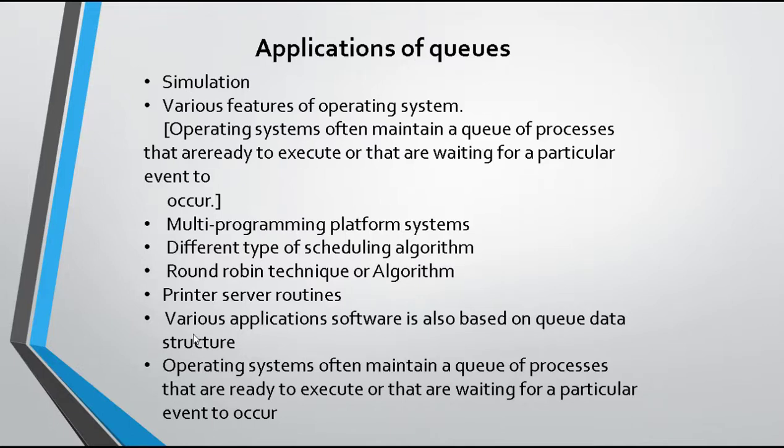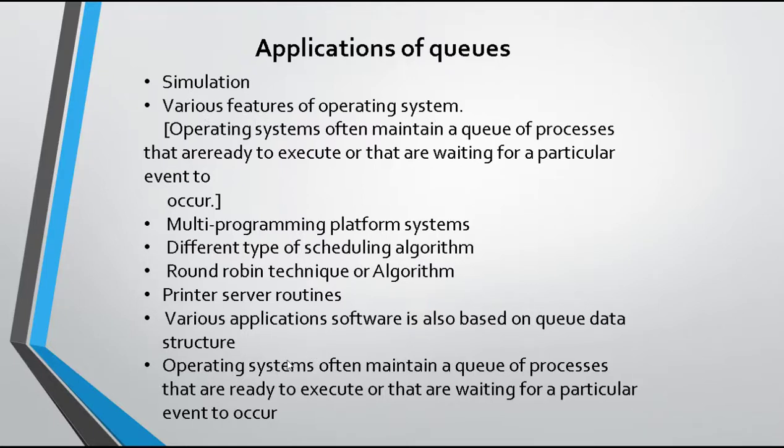The next application of queue is that it is used in various application softwares, which are also based on the queue data structure. The operating system often maintains a queue of processes that are ready to execute or that are waiting for a particular event to occur. As I told you, these are various features of the operating system.